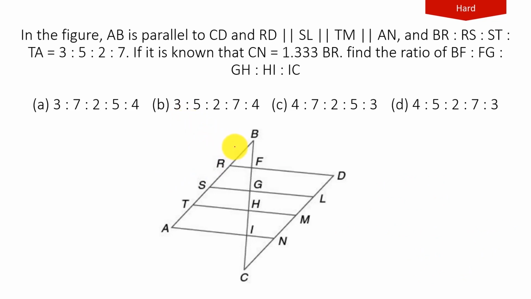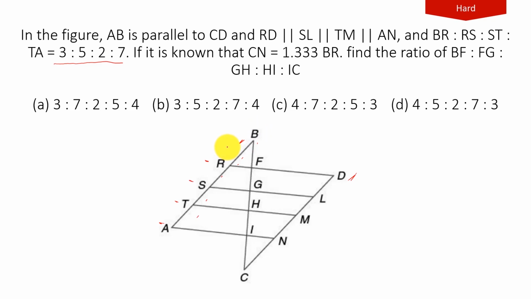In this problem, we have AB parallel to CD. And these four lines RD, SL, TM and AN are also parallel. We are given that BR, RS, ST, TA, these four segments, are in the ratio of 3:5:2:7.